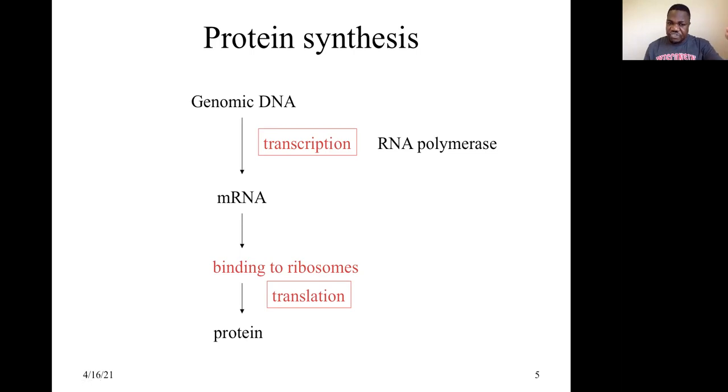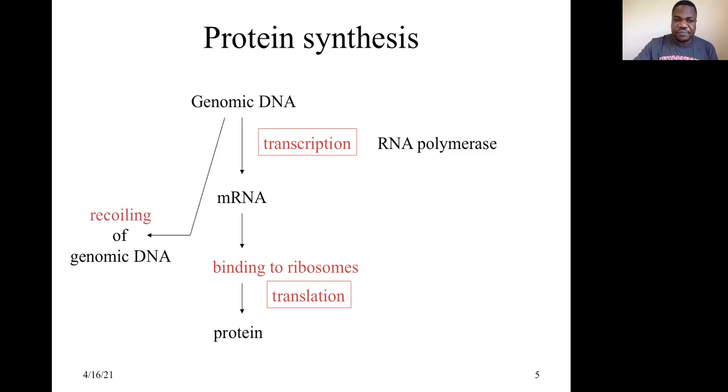The messenger RNA carries the information from the genomic DNA for a specific protein to be formed. Then the messenger RNA instructs the transfer RNA to bring the amino acids into the ribosome for the mechanism of translation, which forms the new protein. That's how protein synthesis happens.